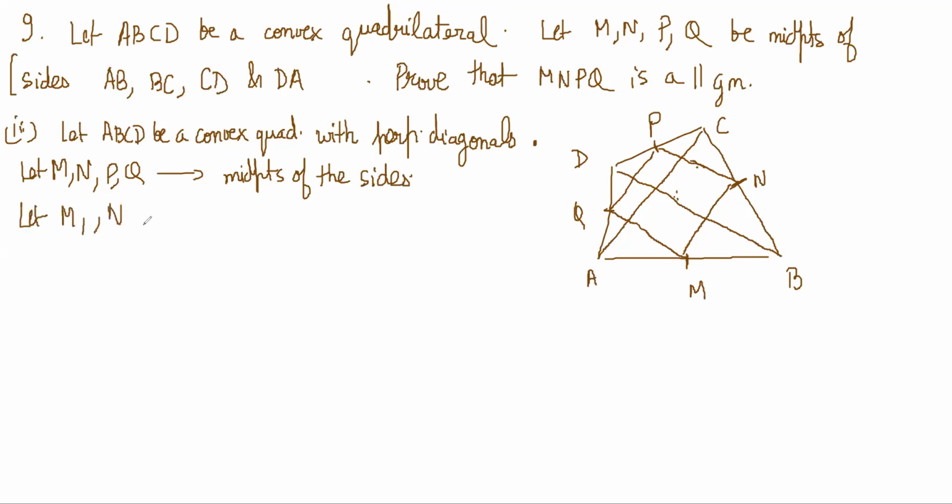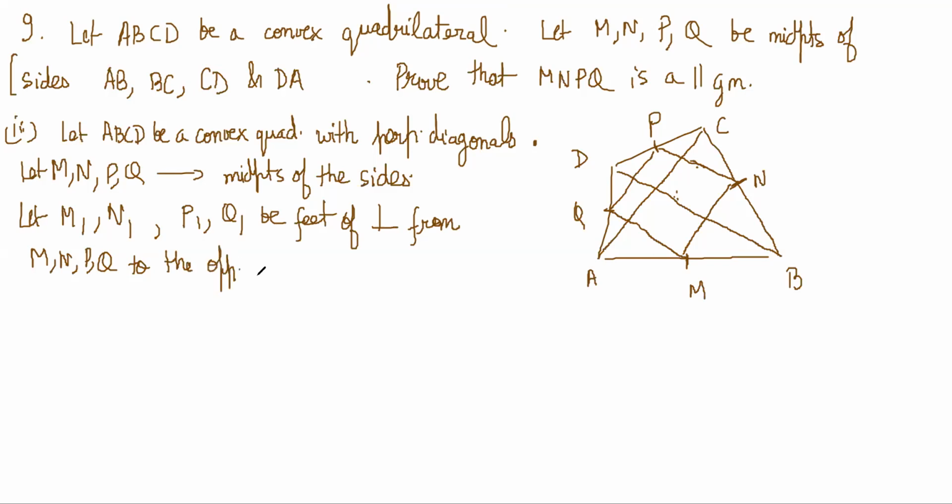Let M1, N1, P1, Q1 be feet of perpendiculars from M, N, P, Q to the opposite sides of the quadrilateral.